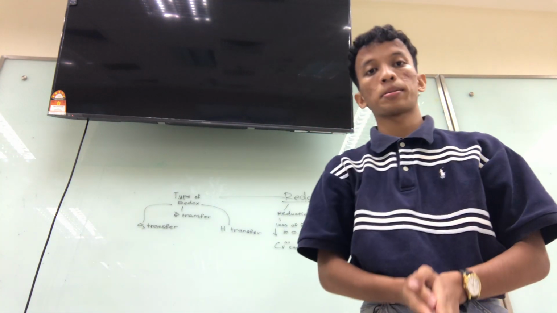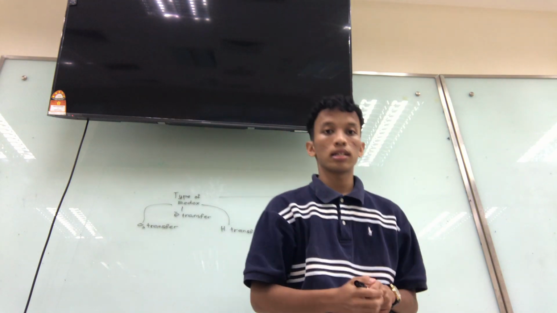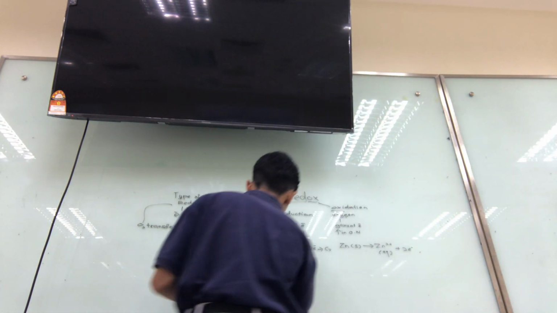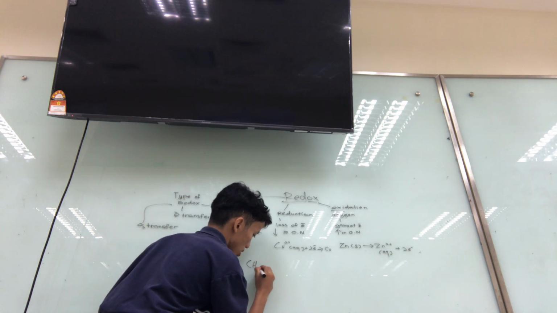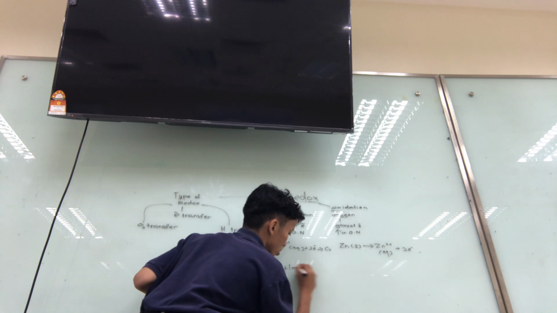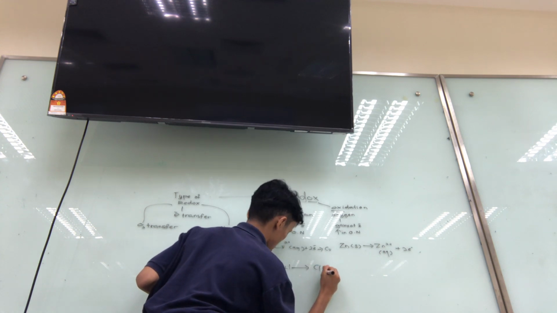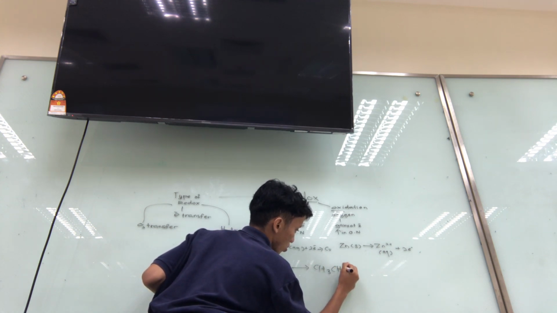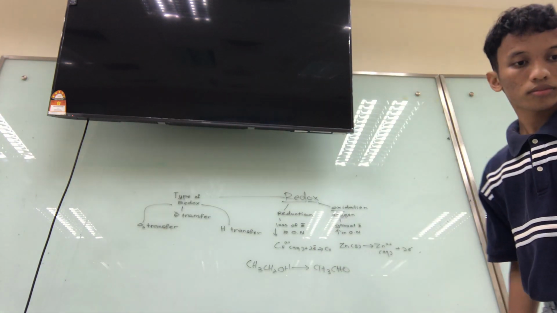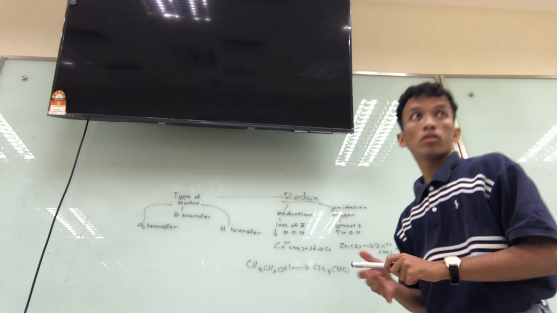Let me show you a simple example. We have CH3CH2OH becomes CH3CHO.